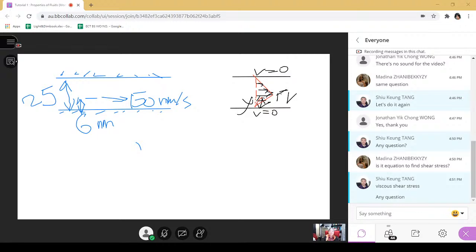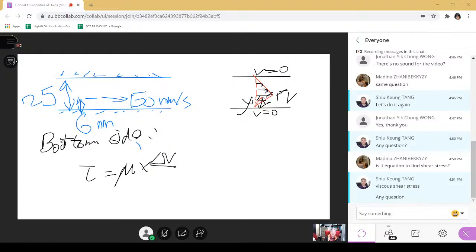Now there are two sides of the plate, so we have a viscous stress on the upper side of the plate and also on the bottom side of the plate. We will consider the bottom first. We use our equation tau equal to mu times velocity gradient.